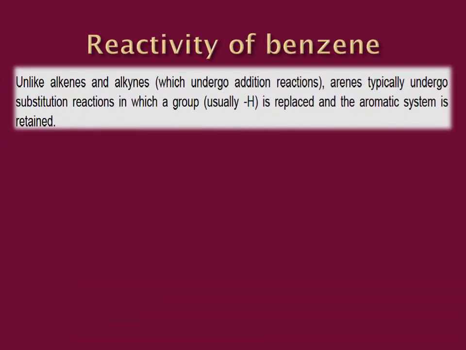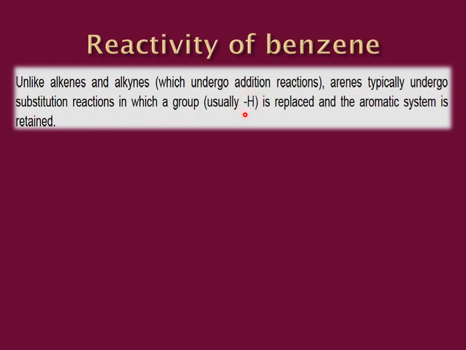Why? Because they are unsaturated. They have pi bonds. So any molecule can add across the double bond to convert it into a saturated hydrocarbon. But arenes typically undergo substitution reactions, in which a group, usually hydrogen, is replaced and the aromatic system is retained.